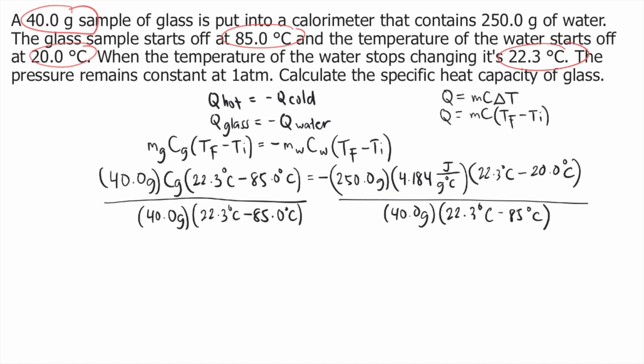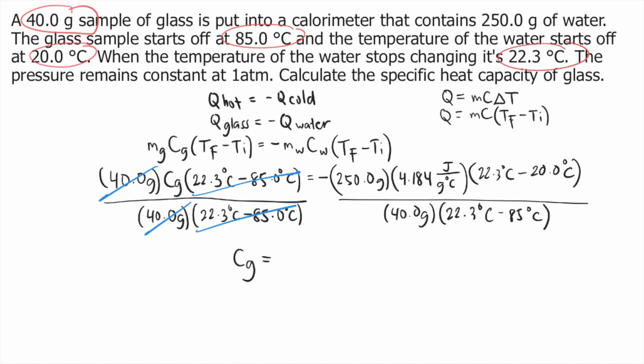Okay, so 40 grams cancels on the left side. The change in temperature also cancels on the left side. So what remains on the left side is the specific heat capacity of glass.